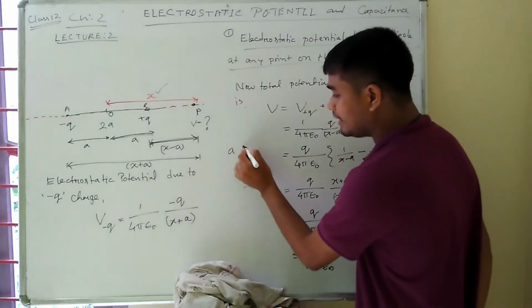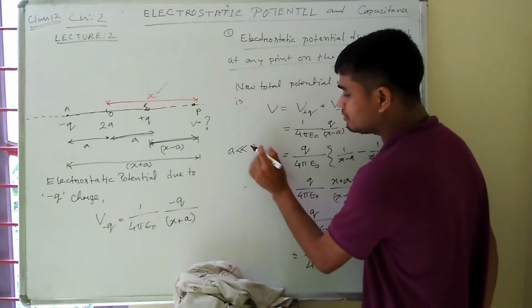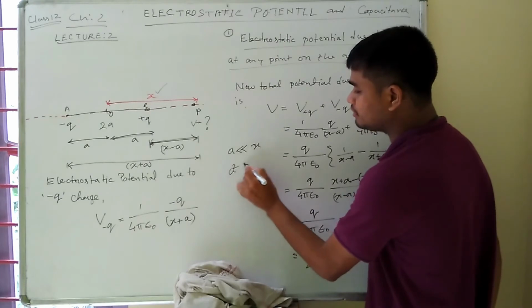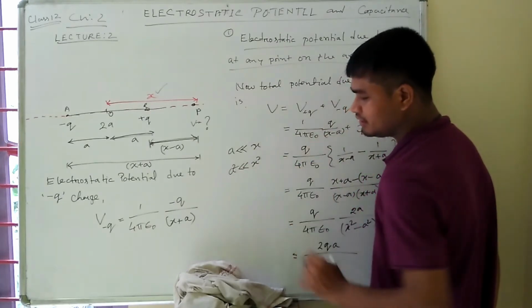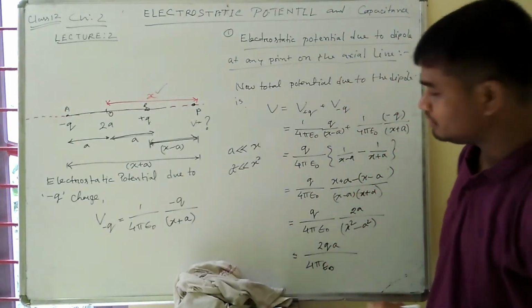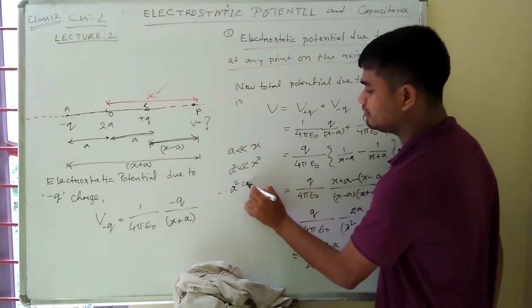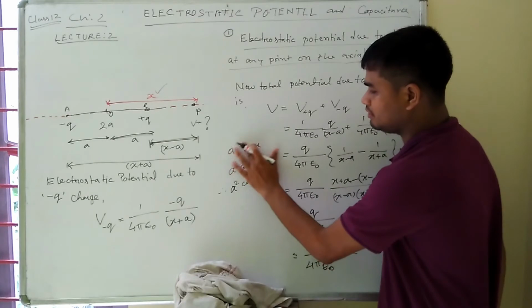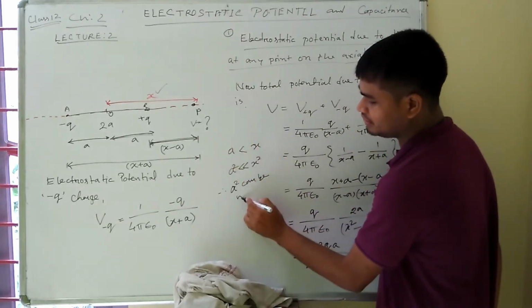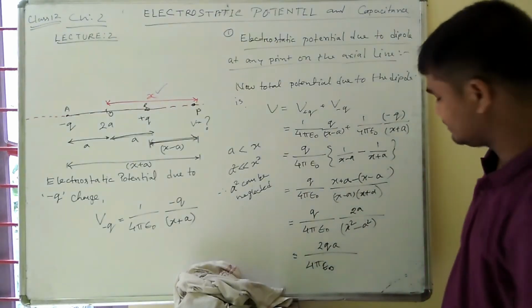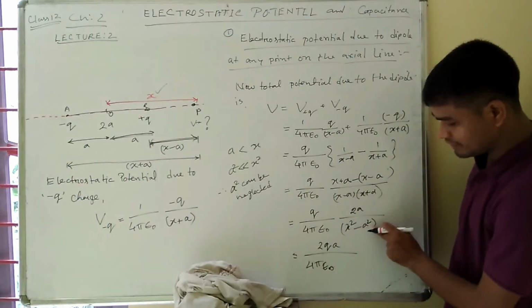Therefore a squared is also very small compared to x squared, so a squared can be neglected.